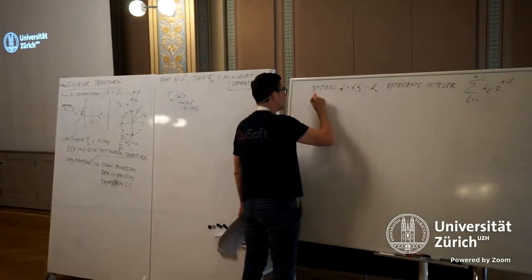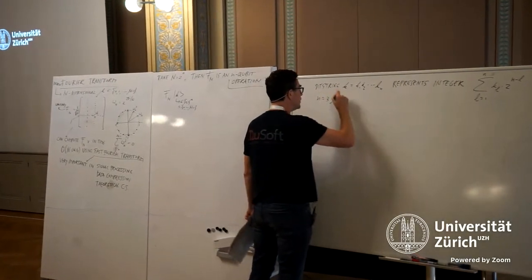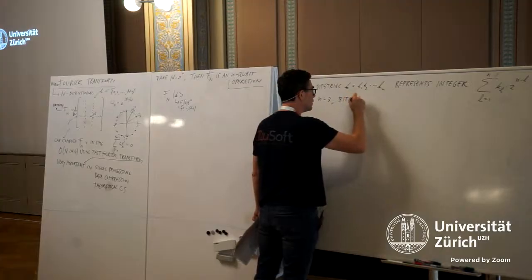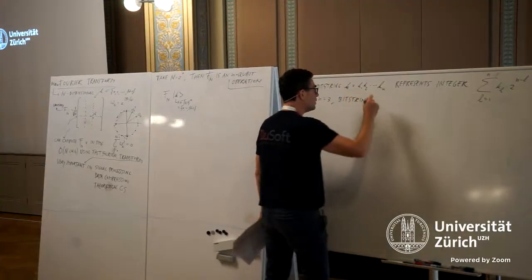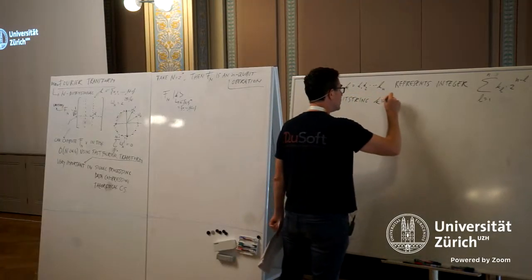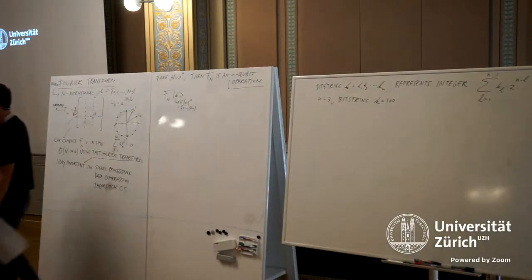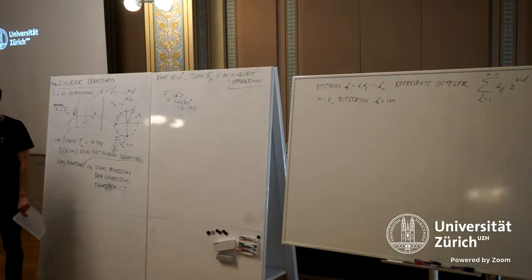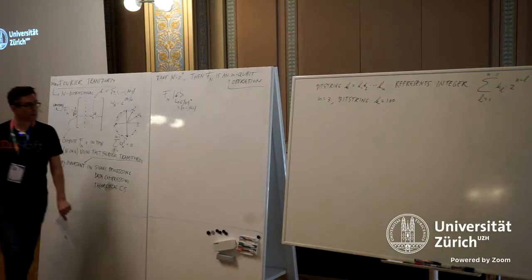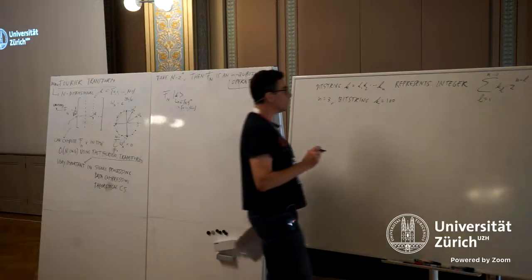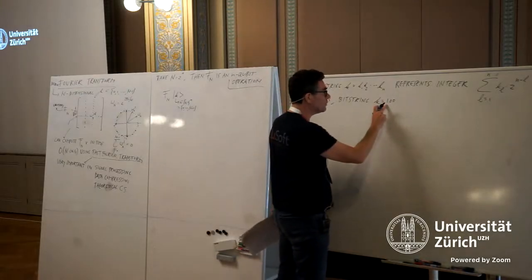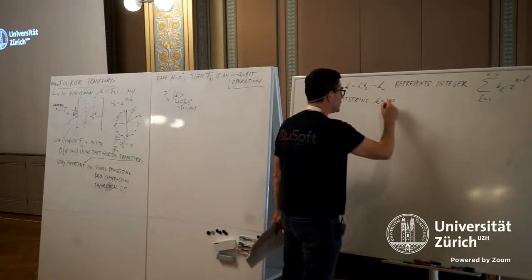So suppose that little n is 3, and my bit string is this one here. So what integer does this represent? 4. And why is that? It's because the first bit corresponds to 4. The second bit corresponds to 2.